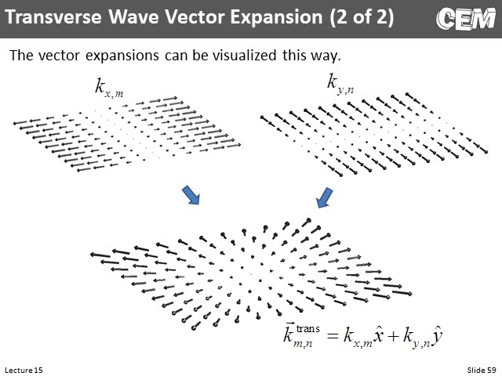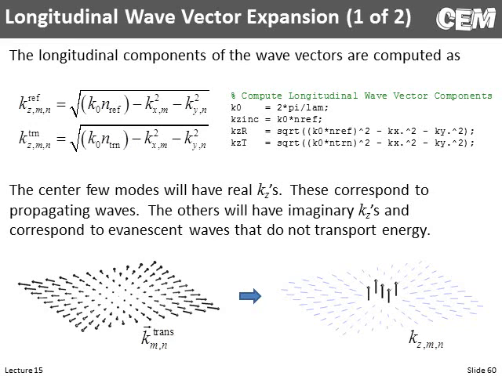And that is consistent throughout the whole grid. Those don't change. We calculate our longitudinal components from the dispersion relation, and we could potentially have different materials at the top and the bottom of the grid, so we calculate a different one depending on whether it's the reflection side or the transmission side. So those are the longitudinal components. We also understand that it's probably only the lower order few of them that are actually real propagating waves.